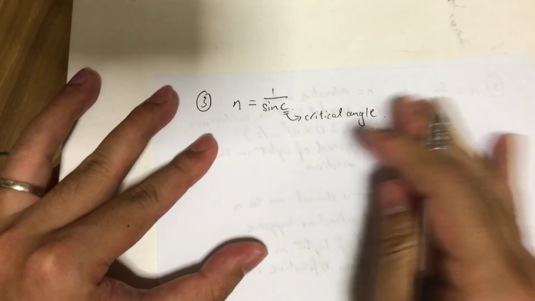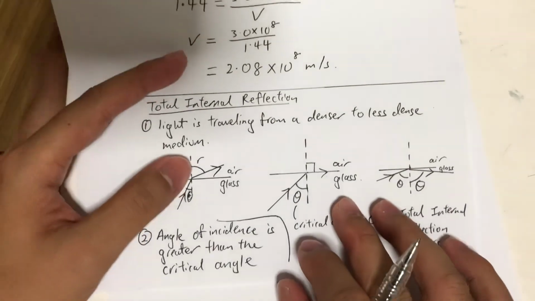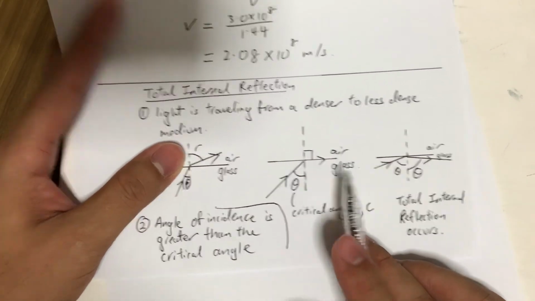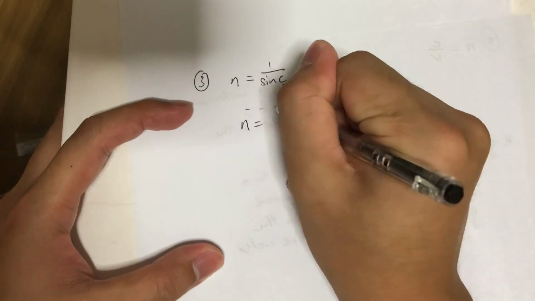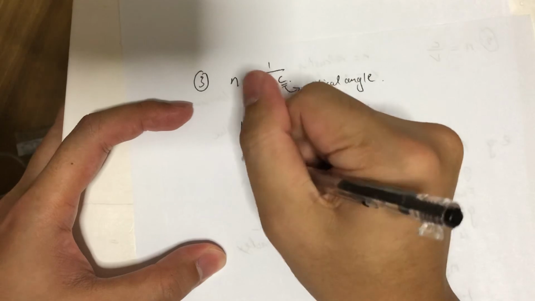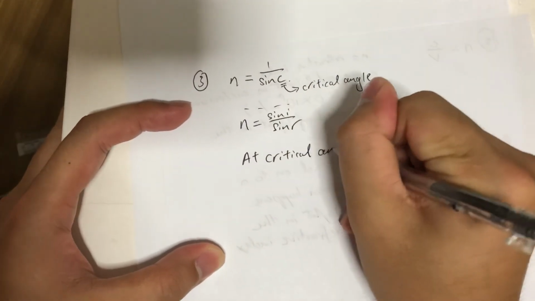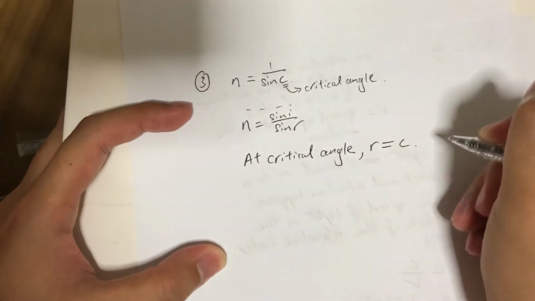For those who cannot remember a third formula, the other way to remember is thinking about this situation here, where the angle of refraction is actually 90 degrees. So let me so-called derive it for you. n equals sine i over sine r. At critical angle, r is equal to c.